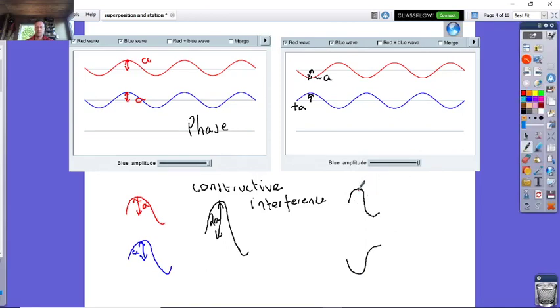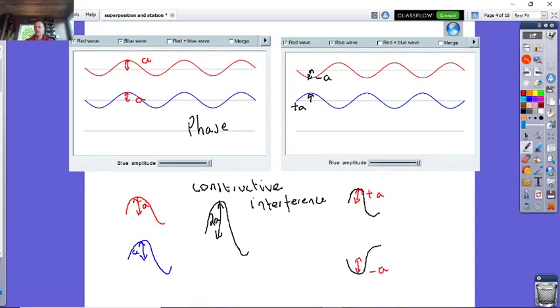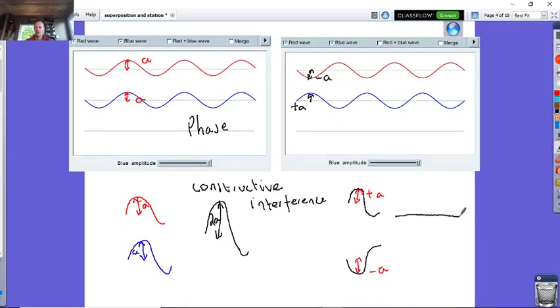As I said beforehand, here is going to be the amplitude plus A, and this is going to be minus A. Therefore, if we draw the resultant wave coming out here, they simply cancel out because plus A and minus A equals 0. We call this destructive interference or cancellation, which is another word for it, which pops out just here. And you get the waves cancelling out.